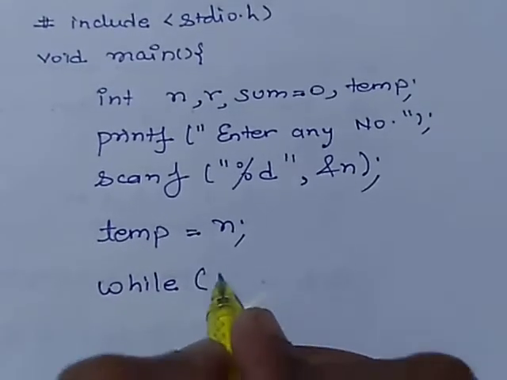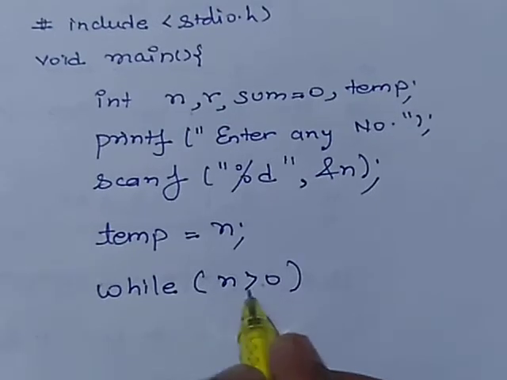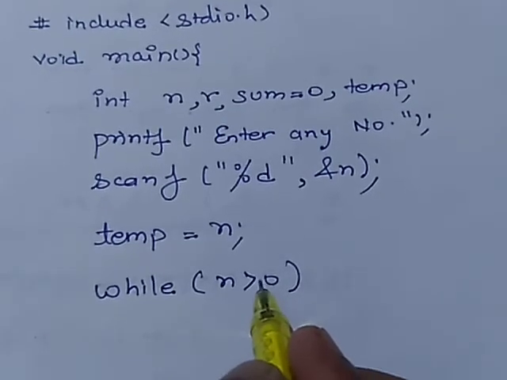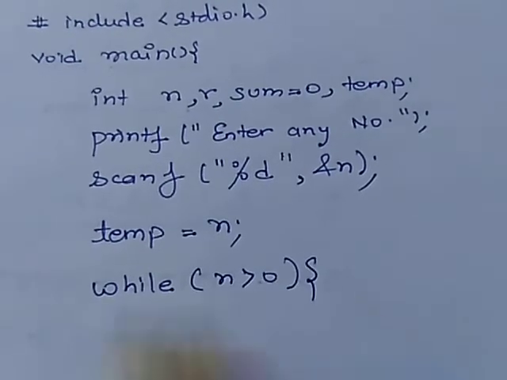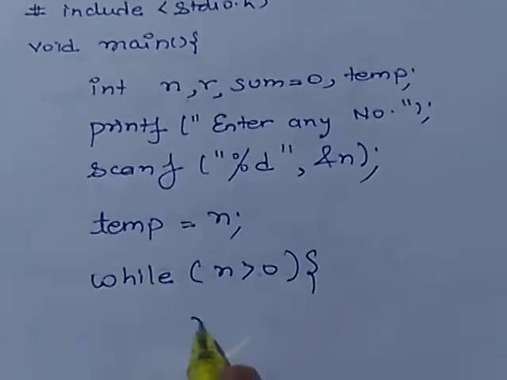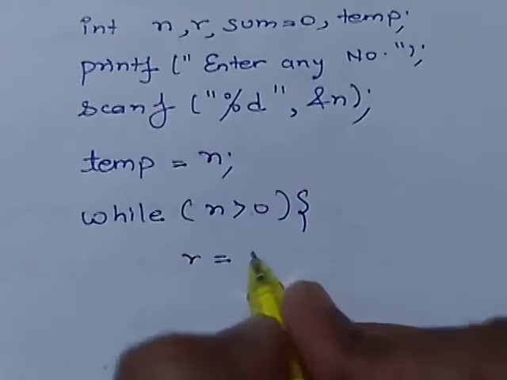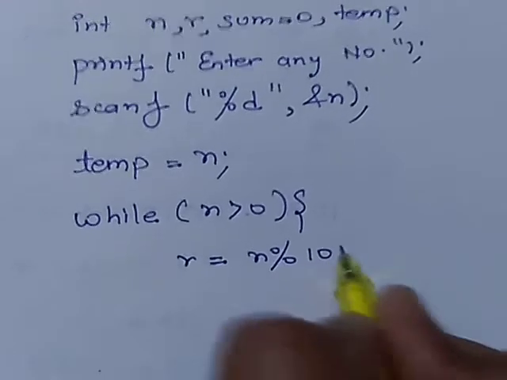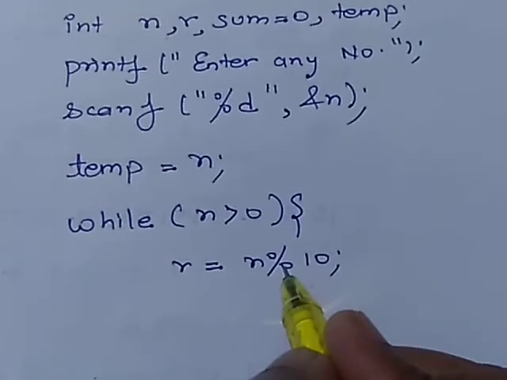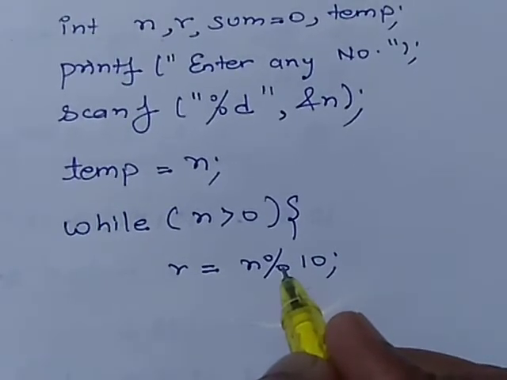Now create a while loop. In this we have taken a condition n is greater than 0. We are separating the digits of a number. So we have taken r, that is the remainder, n percentile 10. So this is the percentile operator. This is used to take the remainder, not the quotient.